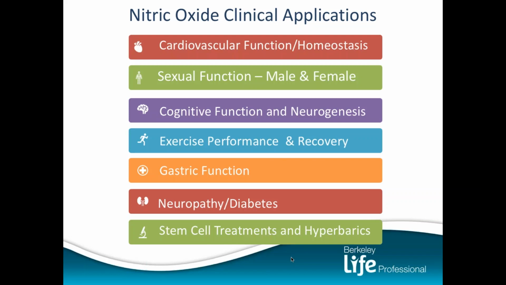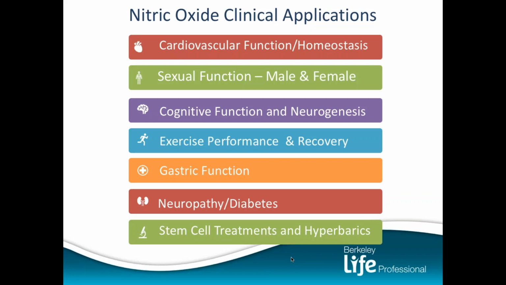Cognitive function and neurogenesis. By optimizing the circulation and microcirculation, this allows our cells in the brain to get the nutrients, get the glucose, get the oxygen, and clean away the debris.